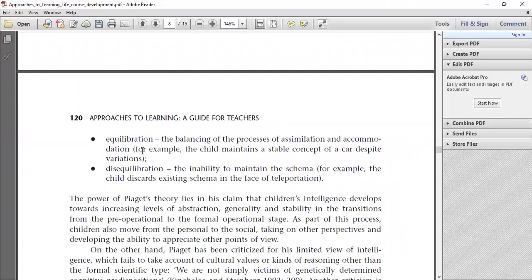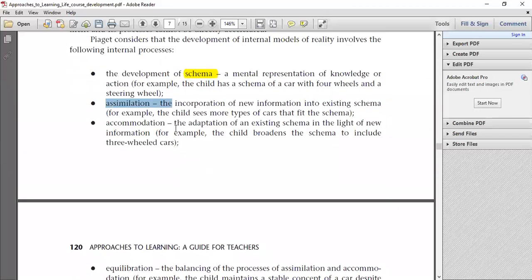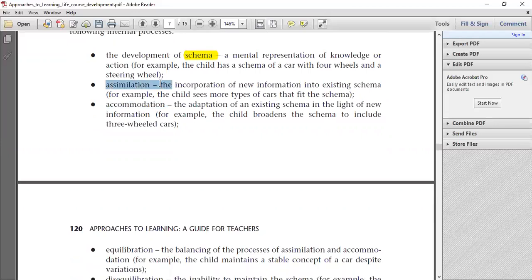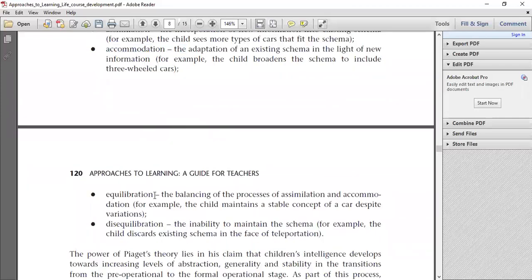And then, as I said, equilibration. Our brain is supposed to be at a state of equilibrium all the time, but whenever we receive information, it is in a disequilibrium position. That information either has to be assimilated or accommodated. Once this process has happened, the brain will again go to an equilibrium state. So disequilibrium is the inability to maintain the schema, to make sense of the information that I have received.